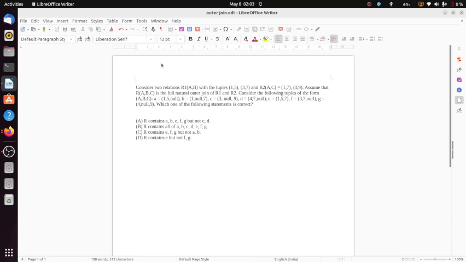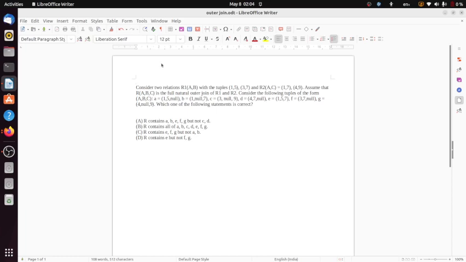One of the important operations in relational algebra is join, and there are two types of join operation: inner join and outer join. Here we will see an example of outer join.